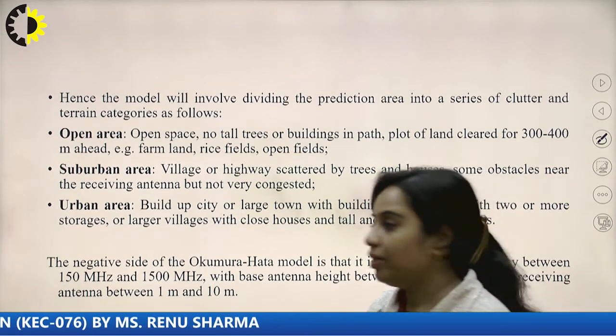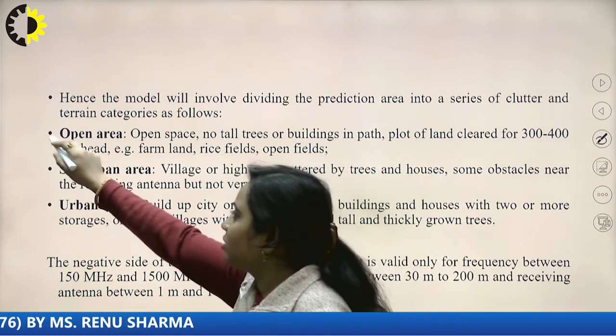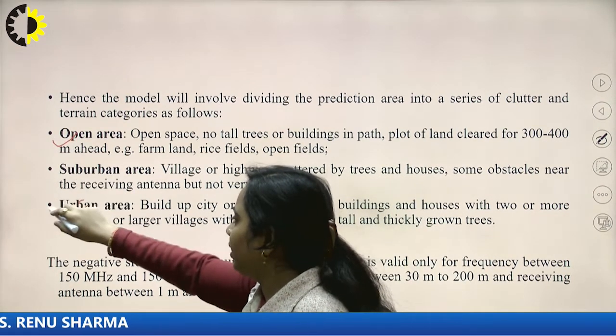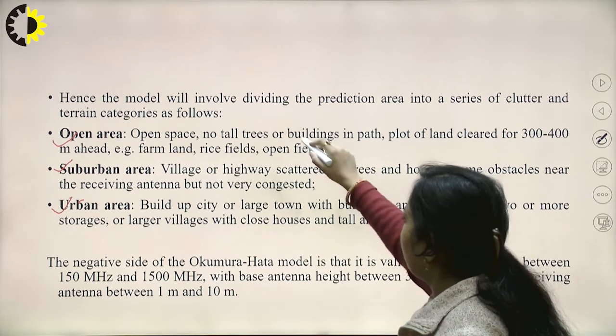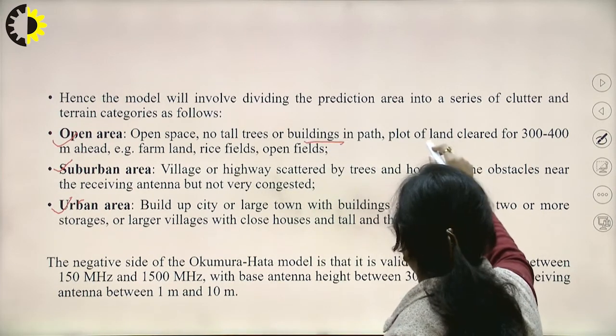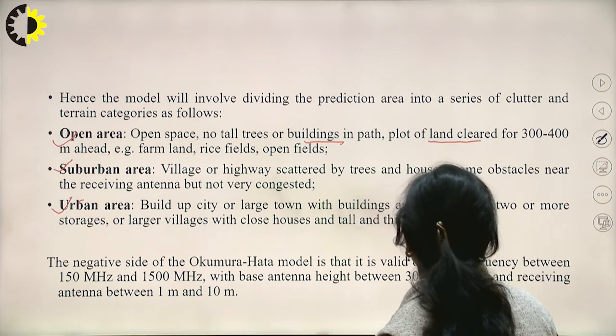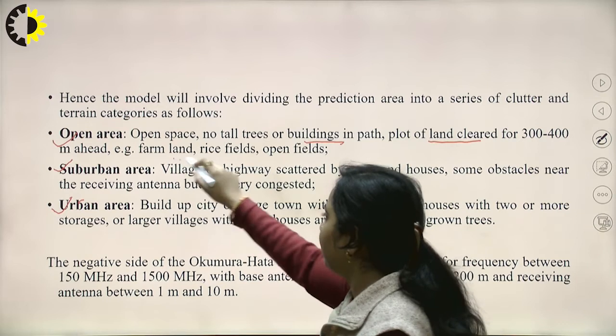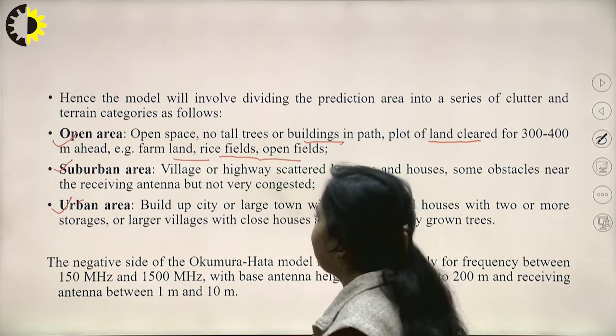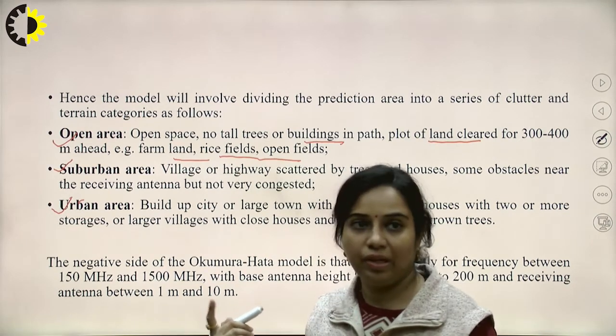The environments are divided into three areas: open area, suburban area and urban area. In an open area, there are no tall trees or buildings in the path, and the plot of land is cleared for 300 to 400 meters; farmlands, rice fields or open fields are considered open area.